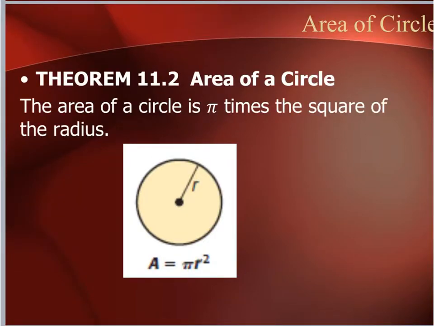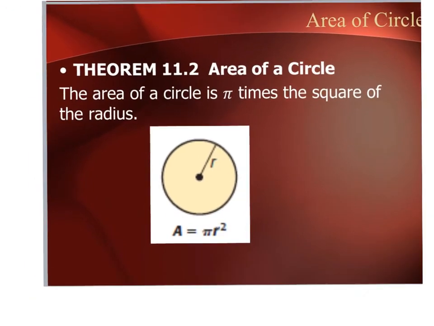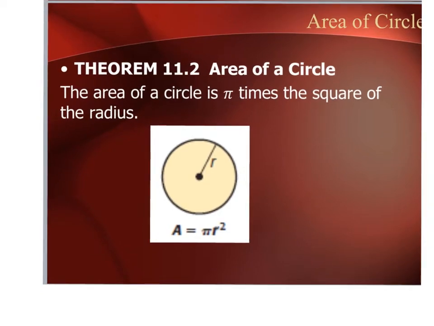So here is the first formula that you can add to your list of formulas, and it's the area of a circle. The area of the circle is pi times the square of the radius. So if you're asked to leave it in terms of pi, you're just going to square the radius and then put the pi symbol.